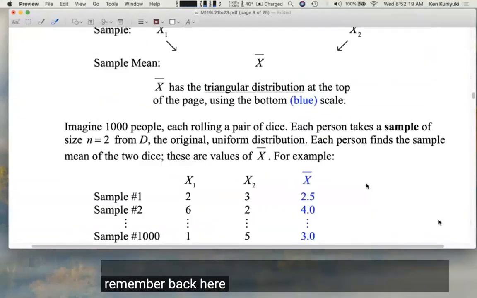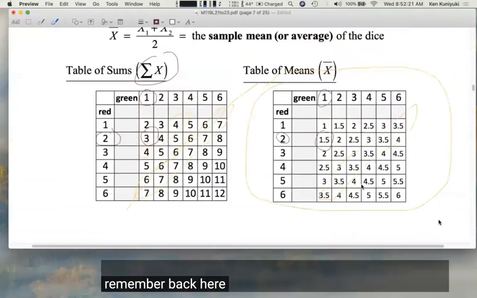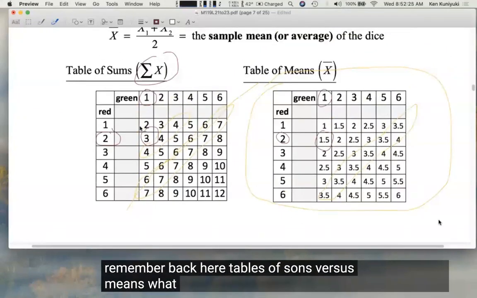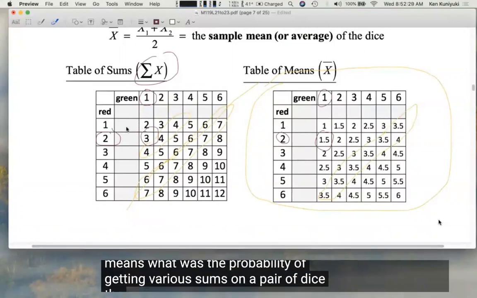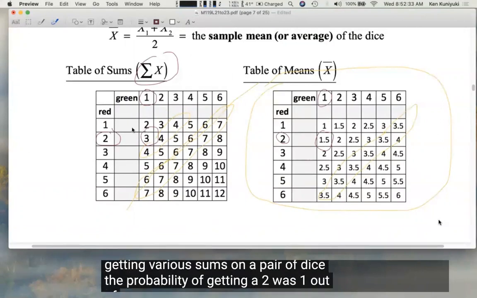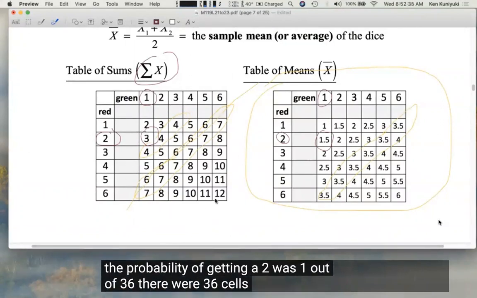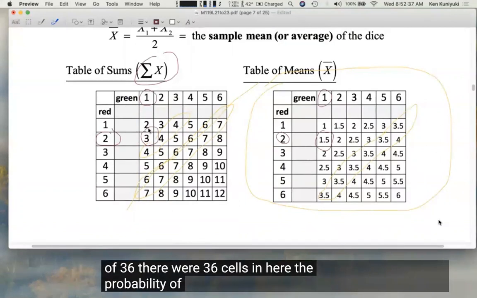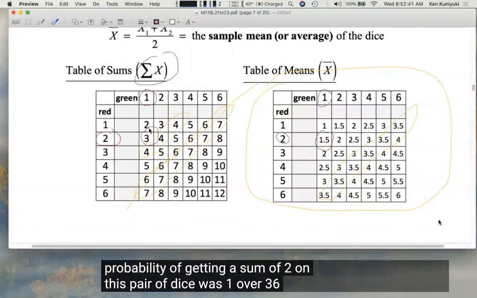Remember, back here, tables of sums versus means. What was the probability of getting various sums on a pair of dice? The probability of getting a 2 was 1 out of 36. There were 36 cells in here. The probability of getting a sum of 2 on this pair of dice was 1 over 36.